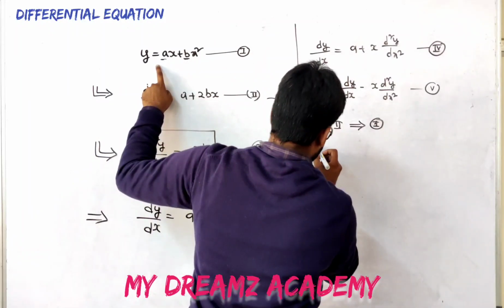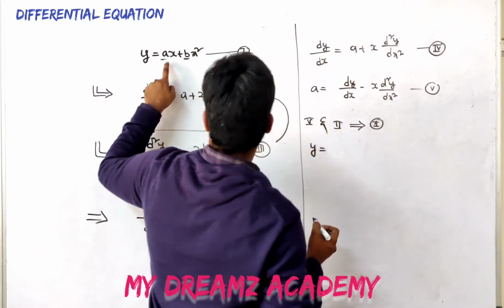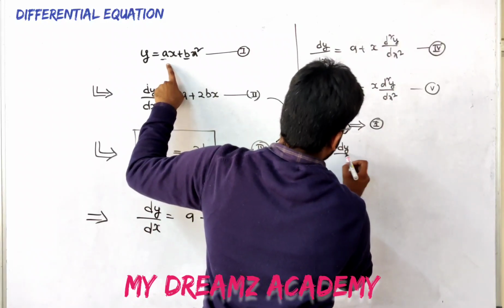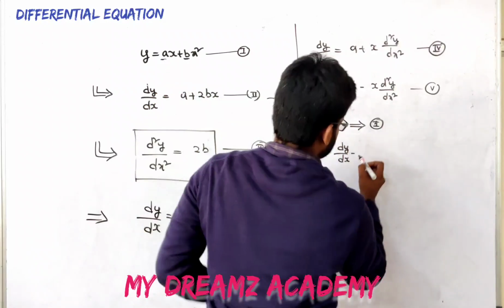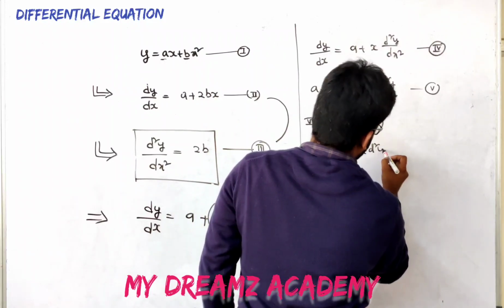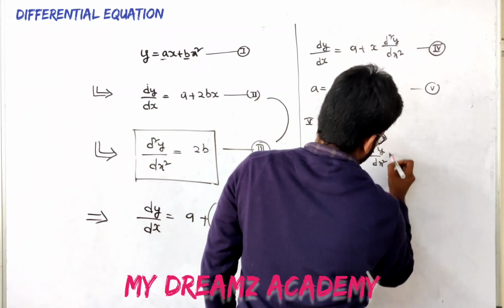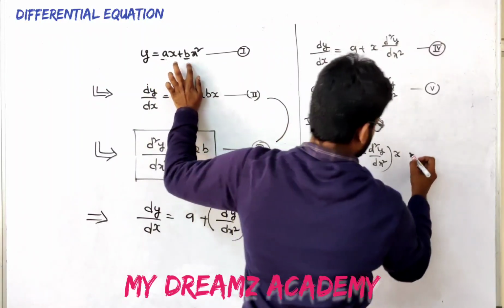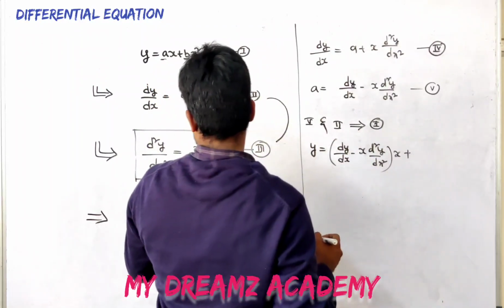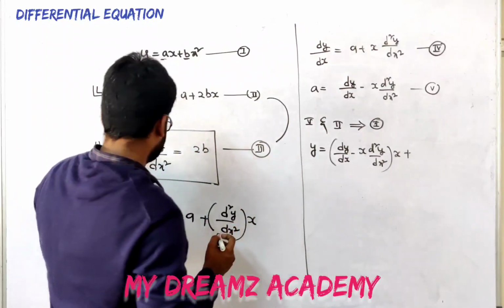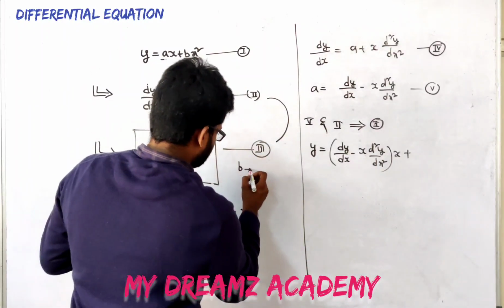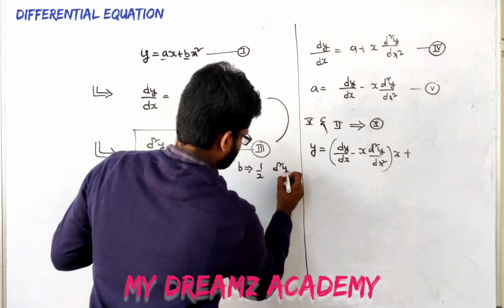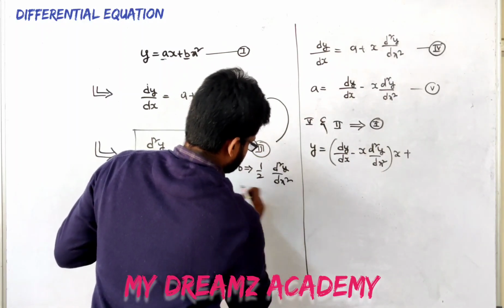Now this will become y is equal to a, that is dy by dx minus x d square y by dx square, into x, plus, here the 2b value is d square y by dx square, so the b value is equal to 1 by 2 d square y by dx square.